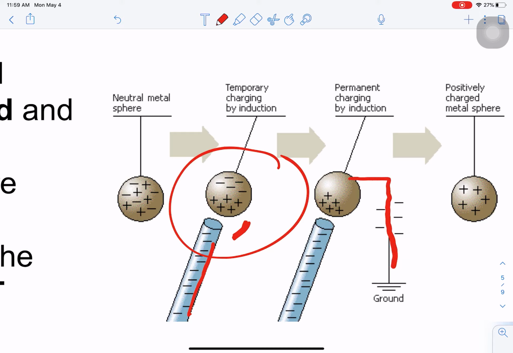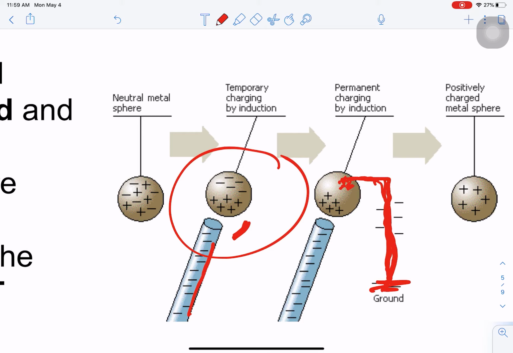When we ground it, we're attaching it to the ground. And when we attach it to the ground, the electrons transfer from this sphere through the wire into the ground. That's because we're repelling it. There's a repulsive force here that's pushing those electrons into the wire.